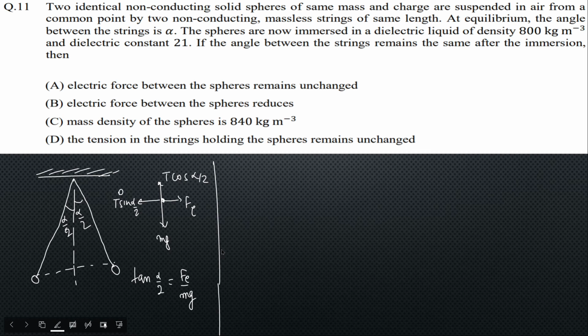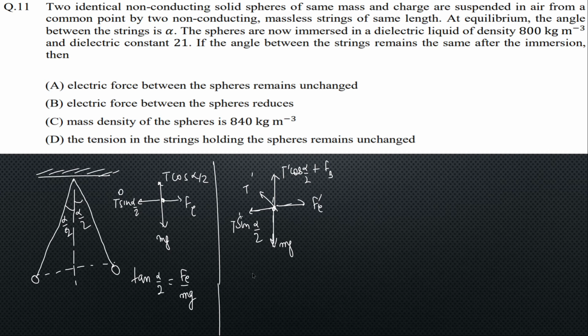Now in the liquid, let us say this is the tension T dash. This is T dash cos alpha by 2 plus the force of buoyancy Fb, mg, Fe dash, and T dash sin alpha by 2.